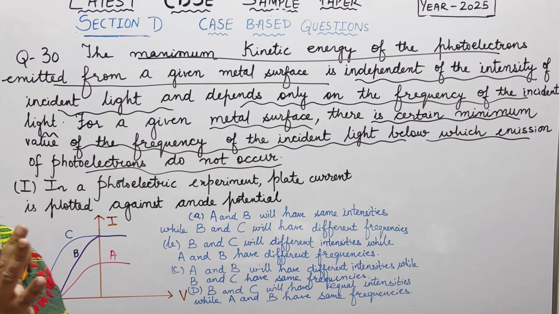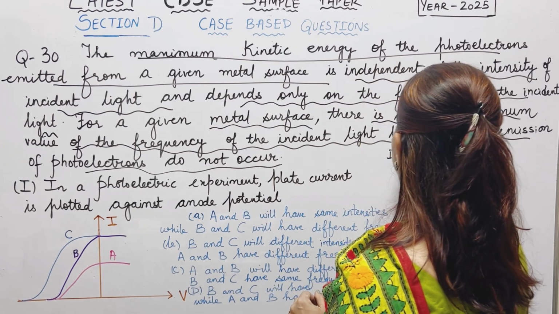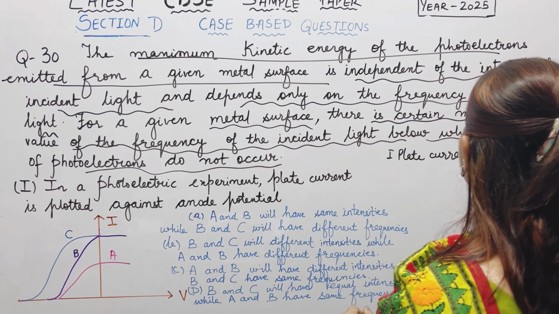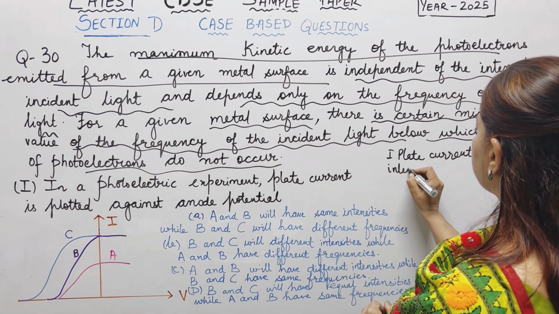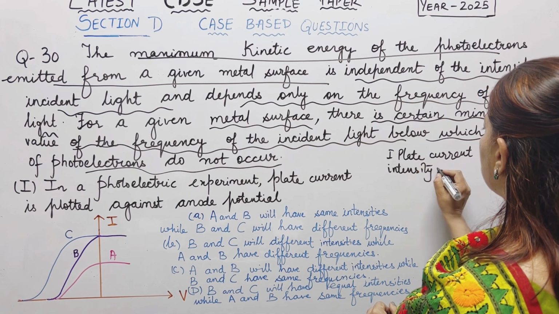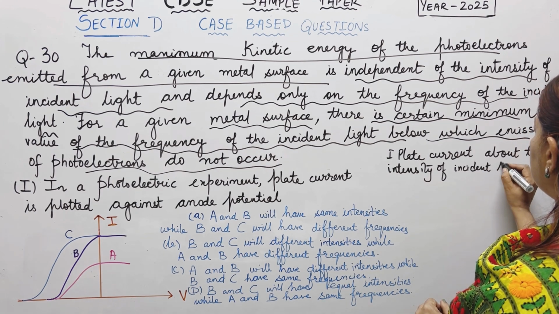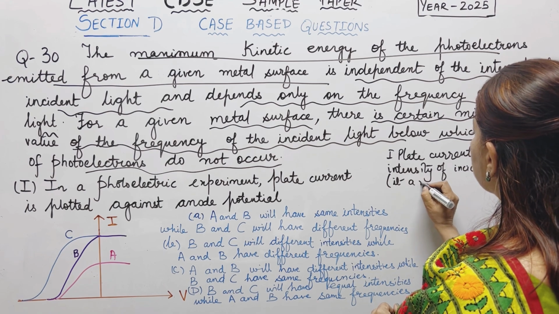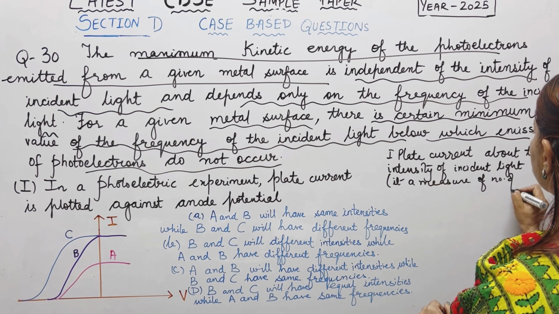So don't get confused with the options, just go to the concept. According to the concept, this I, the plate current, gives the information about the intensity of incident light. Intensity of incident light is a measure of the number of photoelectrons emitted.